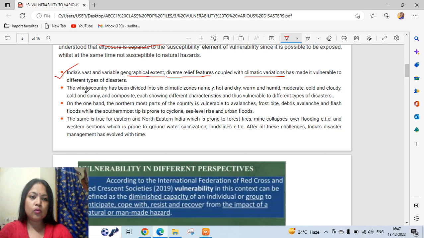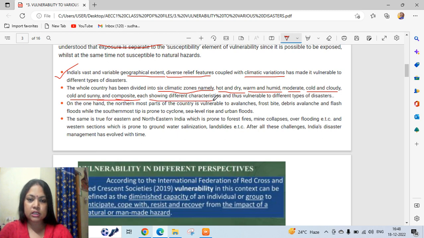The whole country has been divided into 6 climatic zones: hot and dry, warm and humid, moderate, cold and cloudy, cold and sunny, and composite. In this way, the entire climate is divided into 6 types, each showing different characteristics and thus vulnerable to different types of disasters.